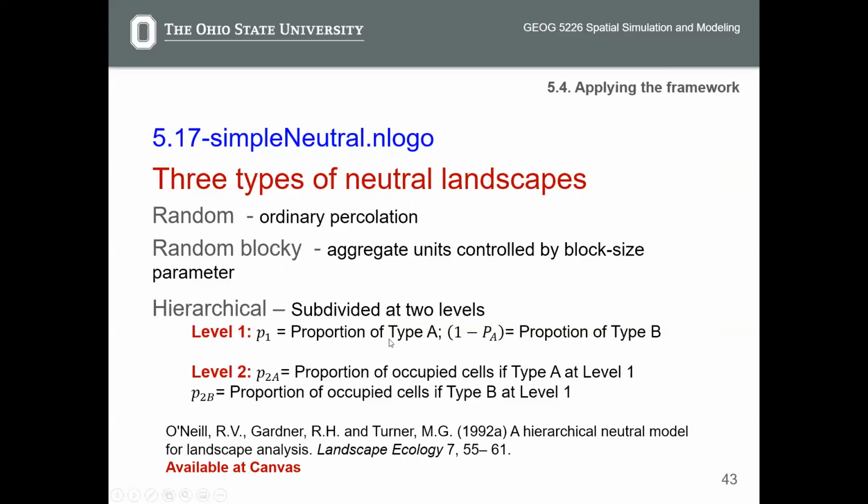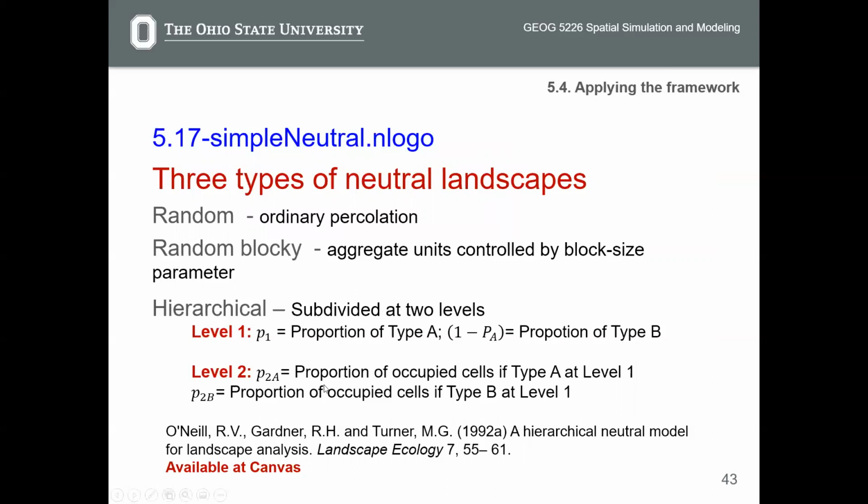At level 1, we have type A with a proportion of P1 or PA. And we have type B, because there are only two types. If the proportion of type A is P1 or PA, the rest is 1 minus PA or 1 minus P1. Okay, so two types.